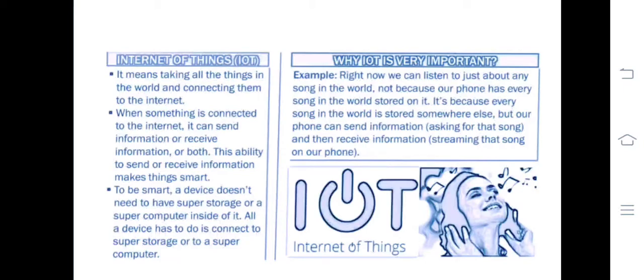Yes, very good point. In order to become a smart object or a smart device, it does not need to store the data. Let me give you the best example. I can say to Ramananji, please play the music, please play the music of, let's say, Mohammad Rafi Saab.